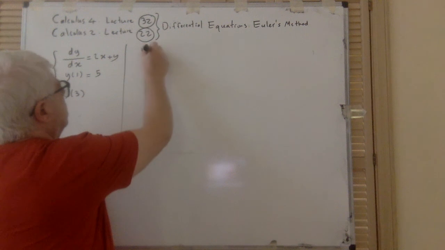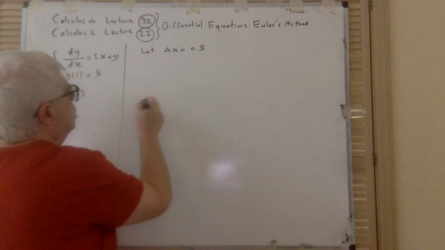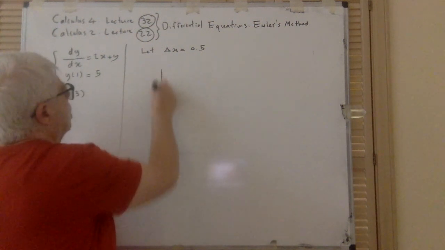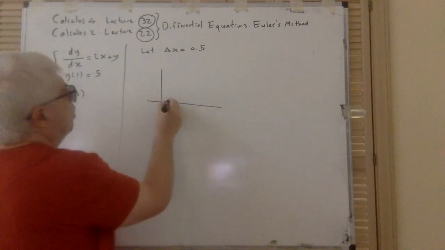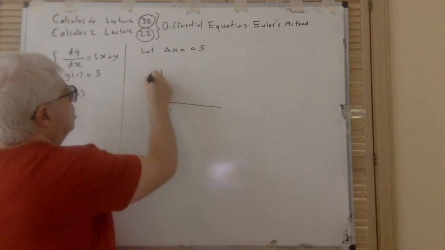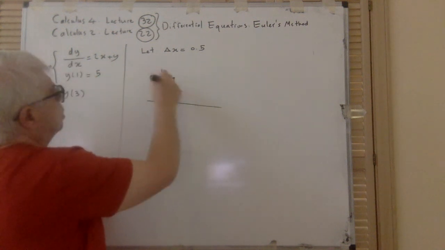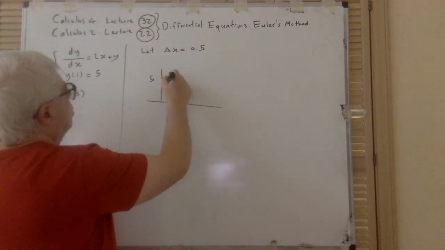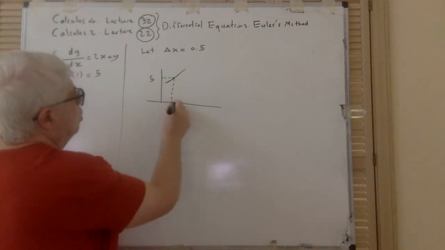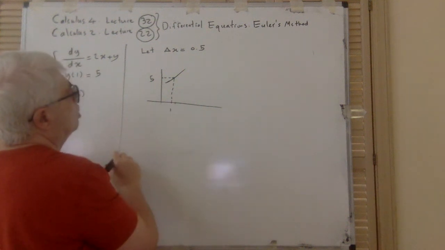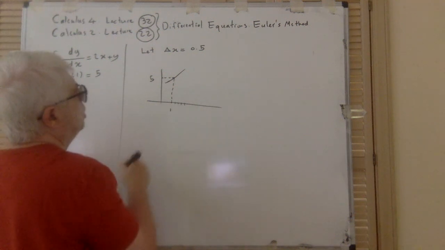So let delta x be 0.5. So I start at 1, so this is 1 and this is 5, and one solution to this passes through this point. I don't know what it looks like, but let's assume that this is what it is. Then I go forward, so this is 1 and 1/2, 2, 2 and 1/2, and 3.